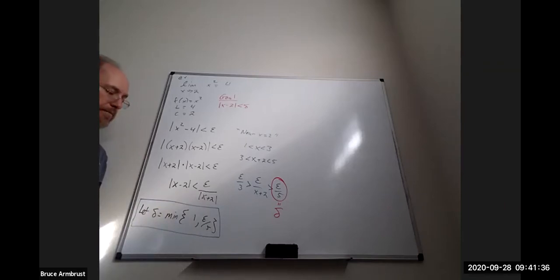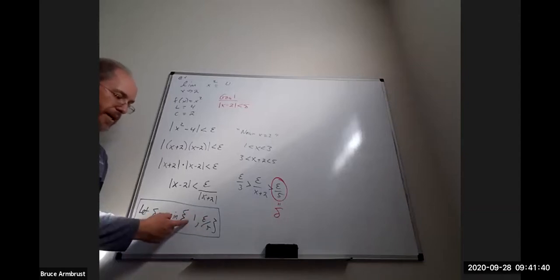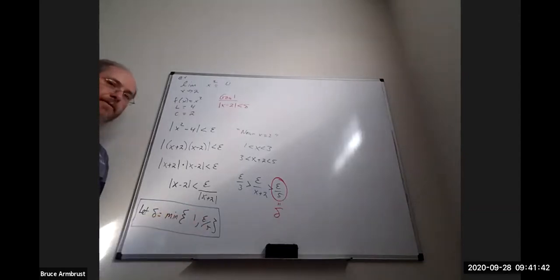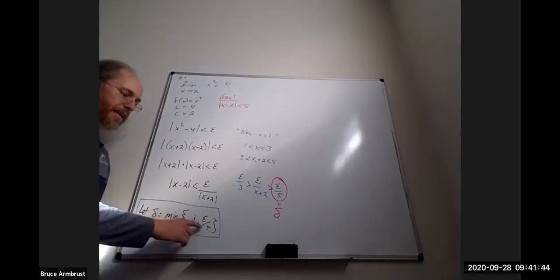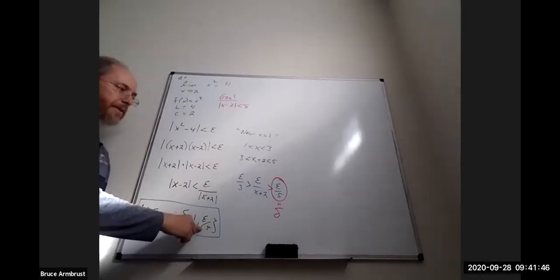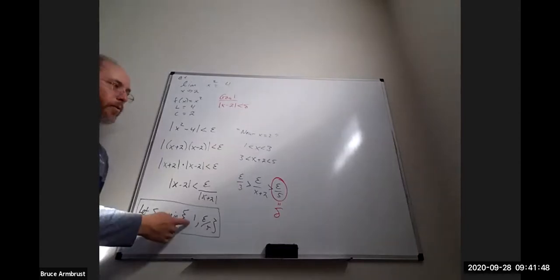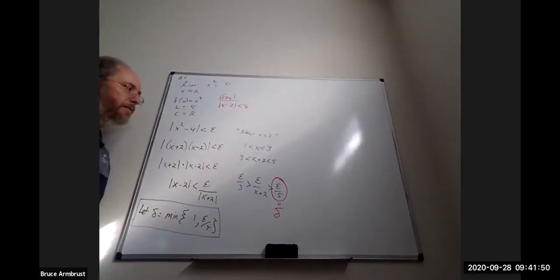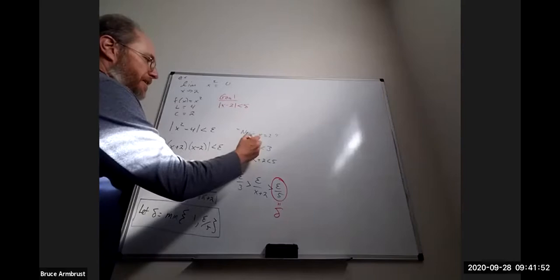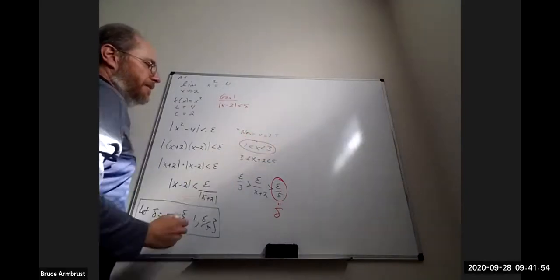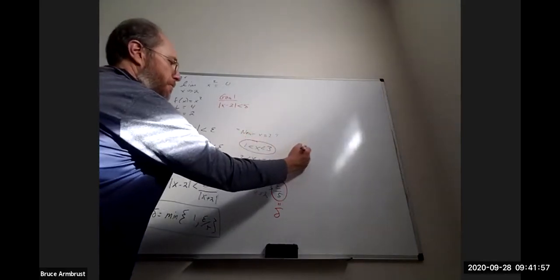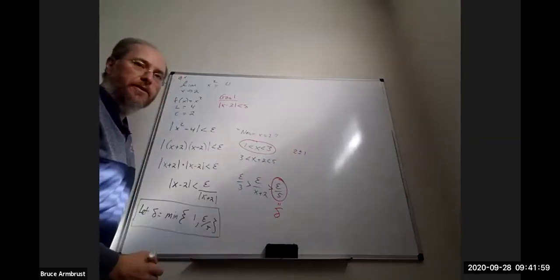So basically pick the smallest thing from in here. Either 1 or epsilon over 5. So hopefully you're kind of okay with where the epsilon over 5 came from. But where the 1 came from was from me choosing this interval right here. Because notice that this is 2 plus or minus 1.